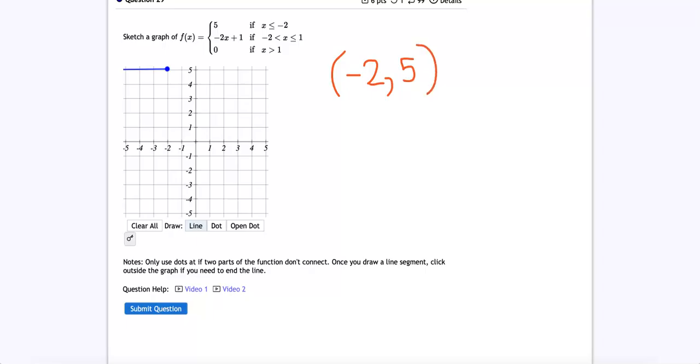And then if I plug in 1, I'm going to have -2 plus 1, which is -1. So this graph is going from -2, 5 to 1, -1. It's a line with a slope of -2.